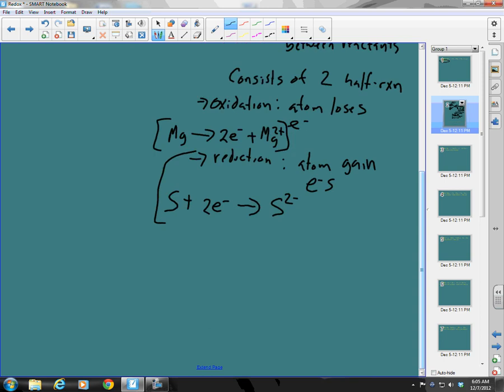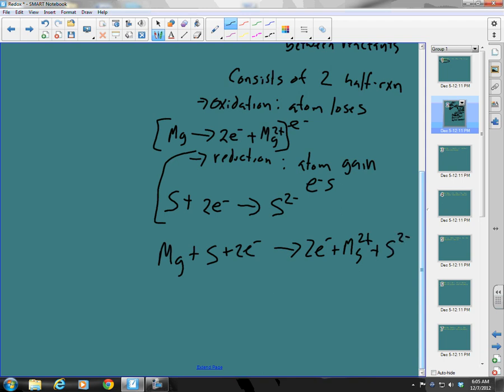Now notice if I put those two reactions together, I write all my things on the left side of the arrow together, with 2 electrons. On the right side of the arrow, 2 electrons, and I get magnesium 2+ and sulfur 2-.